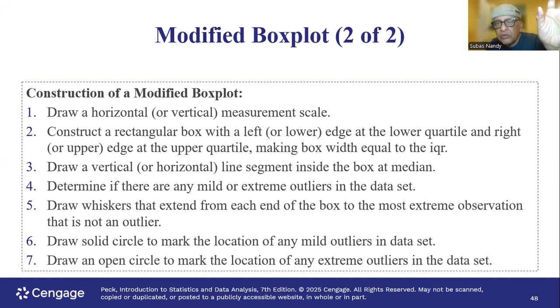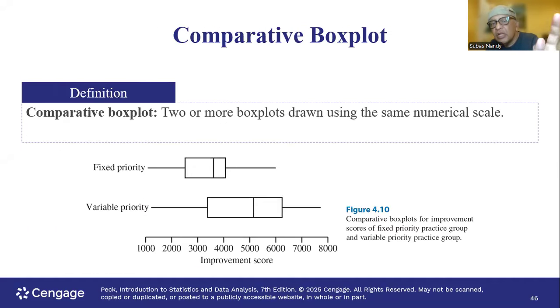But an important point to note, in a box plot, the lower boundary of the box is Q1, the right boundary is Q3, and the line inside the box is Q2 or median. If there is no outlier, the left whisker extends to the minimum point, and if there is no outlier on the right, the whisker extends to the maximum value.